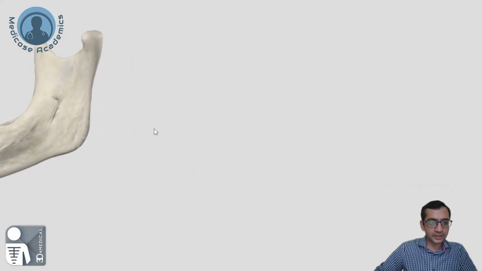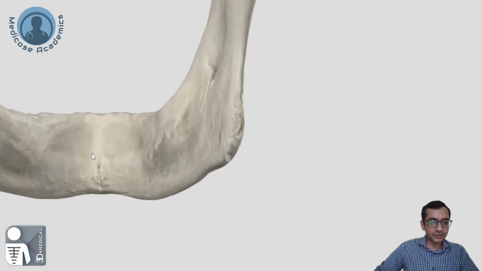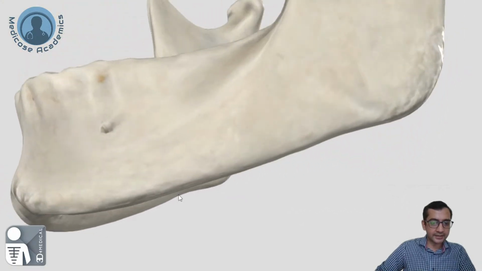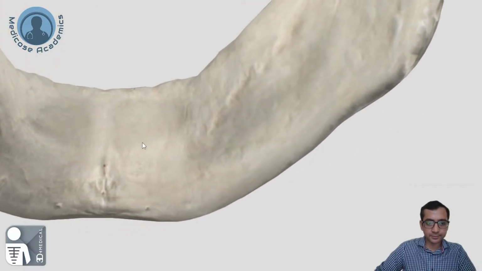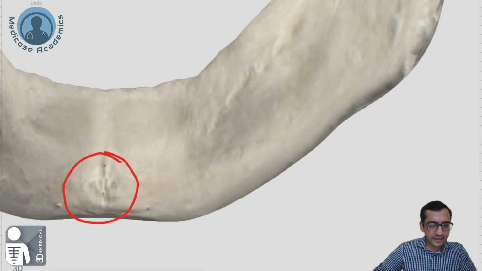From the inner aspect, what can we see? Let me show you this particular thing right here. Just behind the symphysis menti on the posterior aspect, there are raised tubercles. Usually it is seen as a rough area, but to be more specific, it's a pair of raised areas, two superior, two inferior.